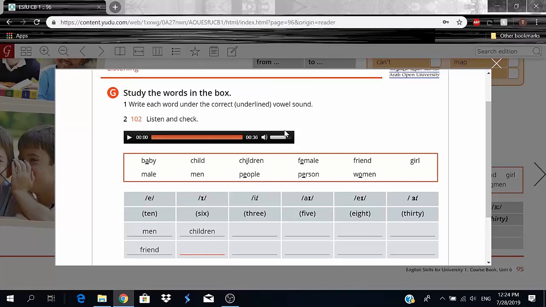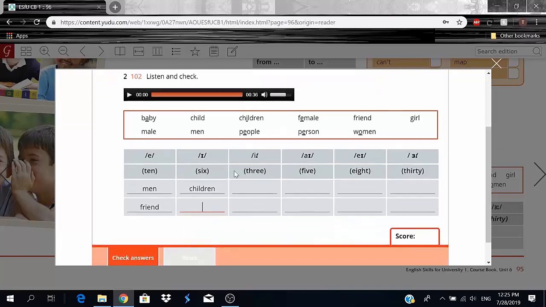And actually, you gotta understand the question. He says the word might not sound similar at all. Like for example, 6 and children don't rhyme at all, but he doesn't want any rhyming words. He wants each word with the underlined vowel sound. So he only wants the sound of the vowel and not the whole word, sorry.